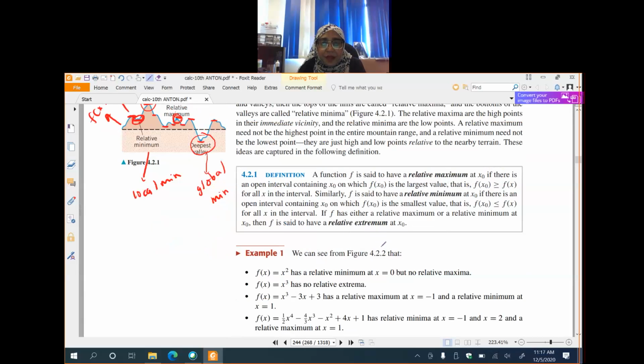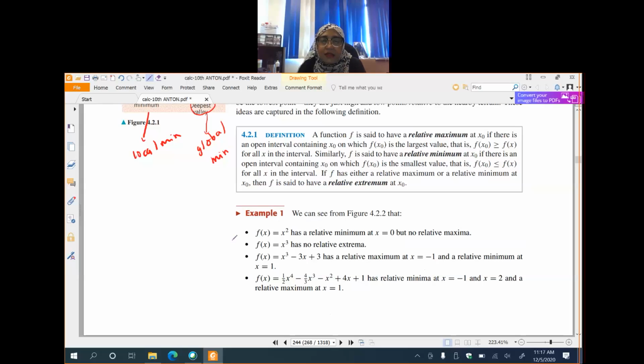Let's look at example 1 here. We can see from figure 4.22 that f of x equal to x squared has a relative minima at x equal to 0 but no relative maxima. So the graph of y equal to x squared is quadratic. It's like this. This is the x and this is the y.